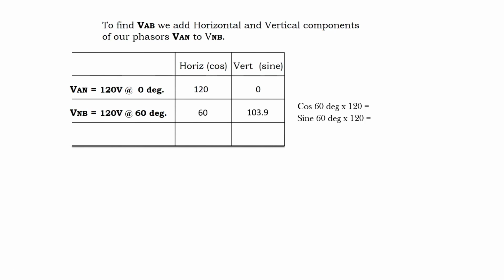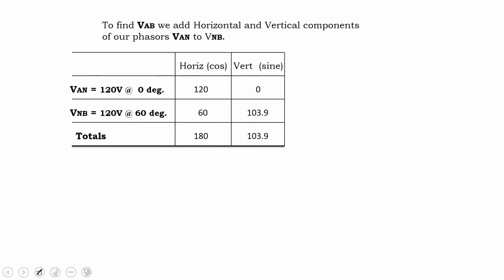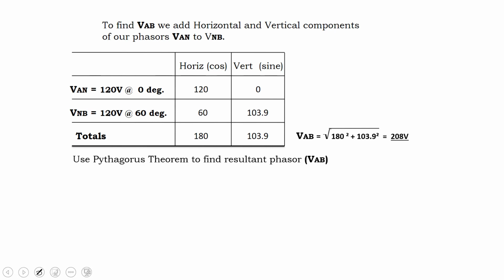So 120 plus 60 is 180, and the total vertical is 103.9. Plotted out, the total horizontal is 180 and the vertical is 103.9. Then all I have to do is go from my origin to where we ended up, or I can use the Pythagorean theorem: 180 squared plus 103.9 squared, square root that, and we get 208 volts.